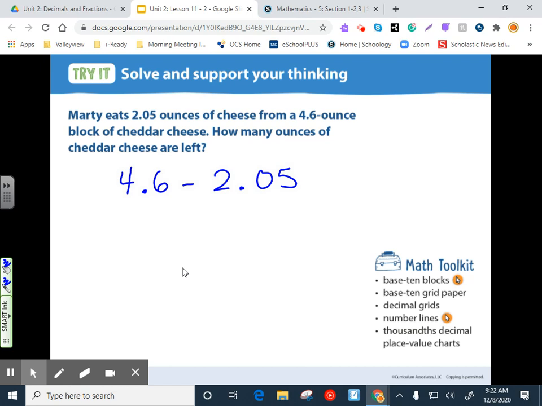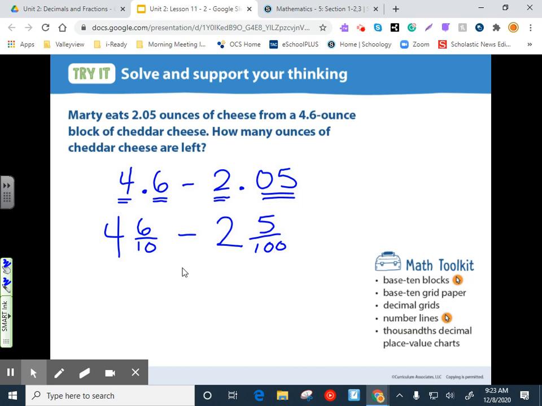Okay, so to turn 4 and 6 tenths into a mixed number, we look at our whole number, which is 4, so that's our big number. And then this is 6 tenths, or 6 over 10. And for this one, we have 2 as our whole number, so we put a big 2 here. And this is 5 hundredths, so 5 over 100.